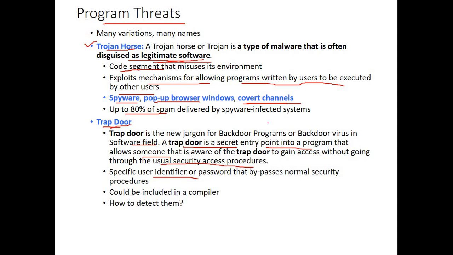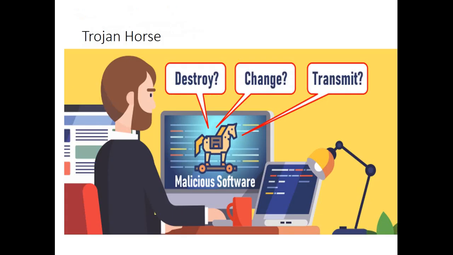It is a specific user identifier or password that bypasses the normal security procedures. That kind of trapdoor will sometimes be included in the compiler itself. So we need to be very careful and we need to detect them to avoid damages to our system.